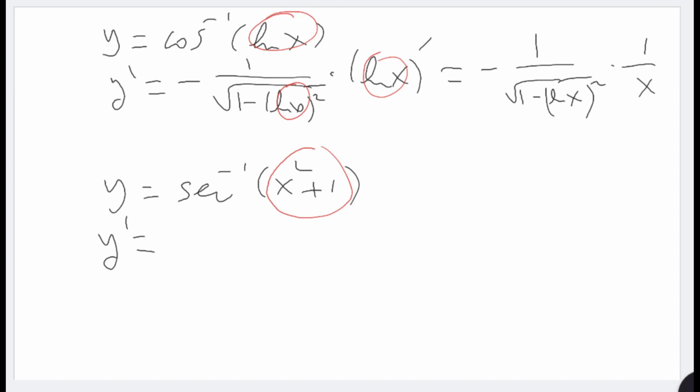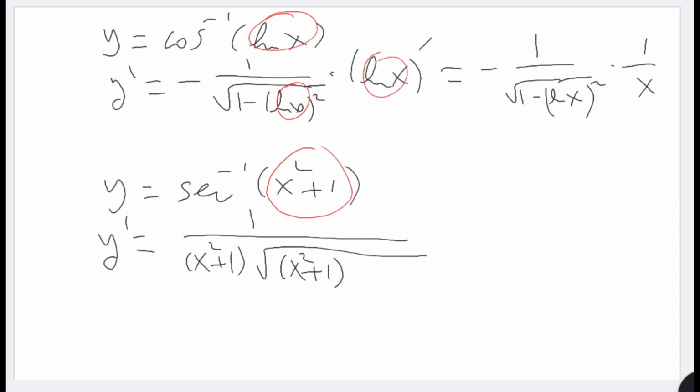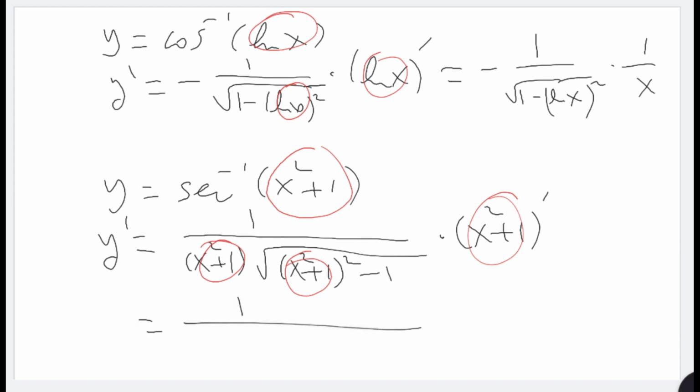So according to our formula, it's going to be 1 over x squared plus 1 square root of x squared plus 1 squared minus 1, times the back, the x squared plus 1 prime. Again, x squared plus 1 is like the u version. And finish off the work. All right, we're going to stop here.